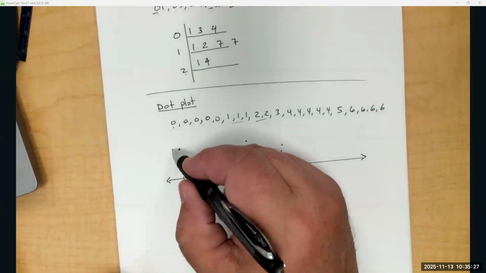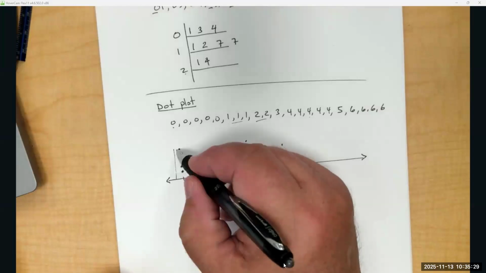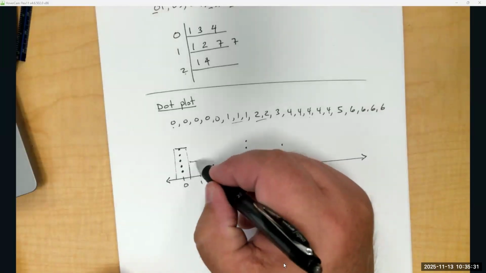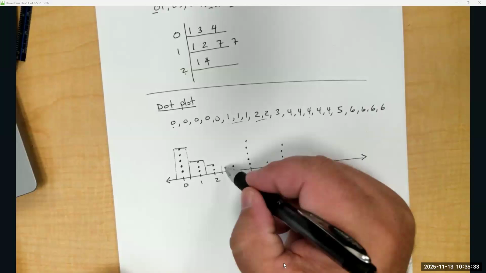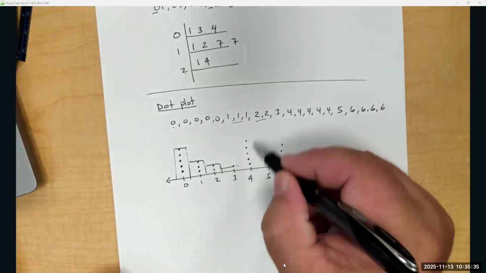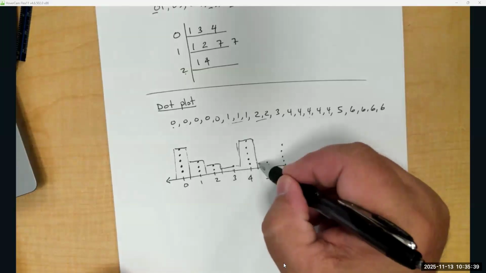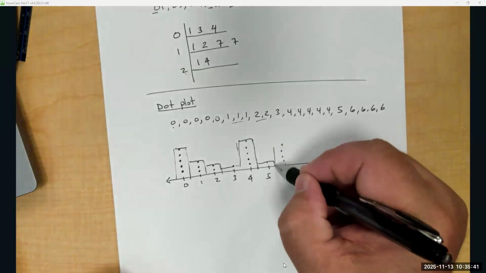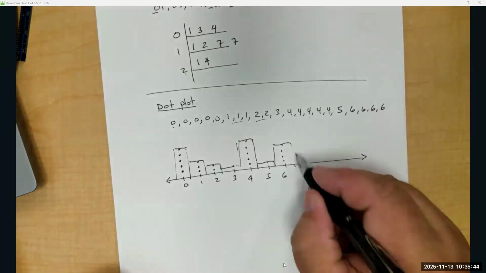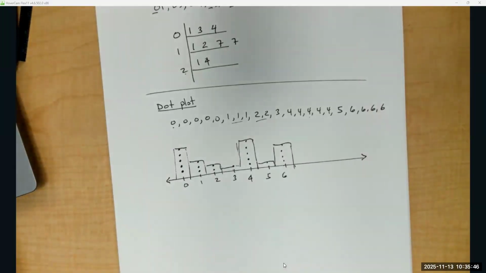Because if I wanted to, now all I have to do is just connect these with boxes. So you can convert a dot plot into a histogram.